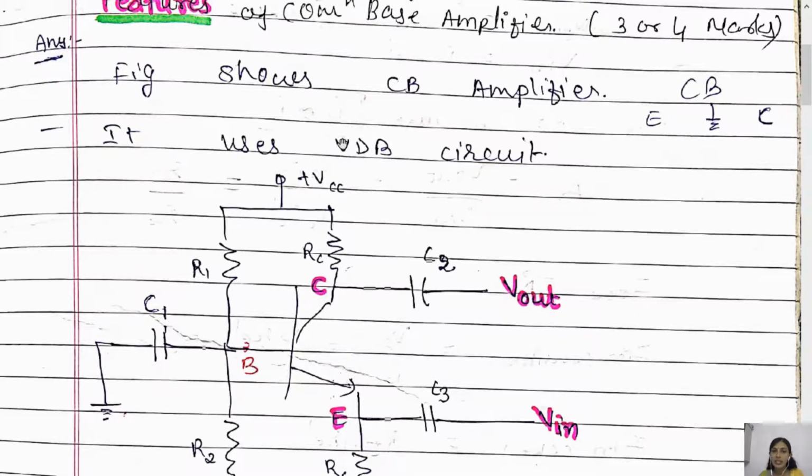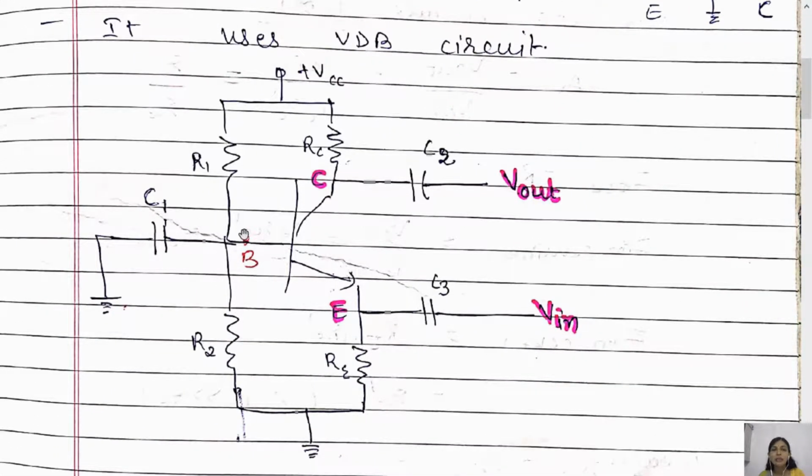Voltage divider biasing. As per the voltage divider biasing, we will have one RB resistance on the base terminal, but it is divided into two resistances R1 and R2. So that's why we can say this is the voltage divider biasing circuit. R1, R2, RC, RE.